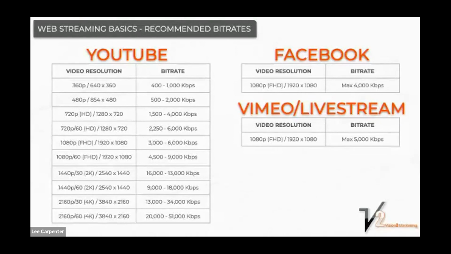So for instance, when you go to YouTube, up until recently, when you sent them a 1080 stream, they were only broadcasting it out online as a 720p image. So that was as good as you could get.